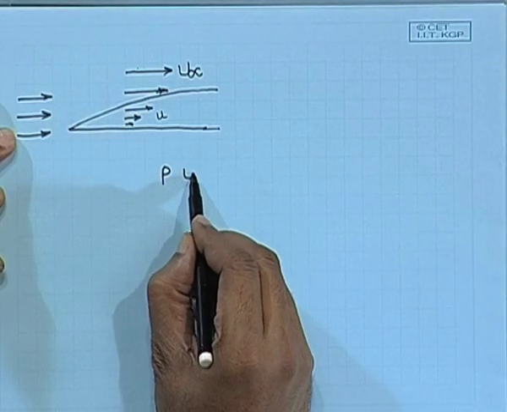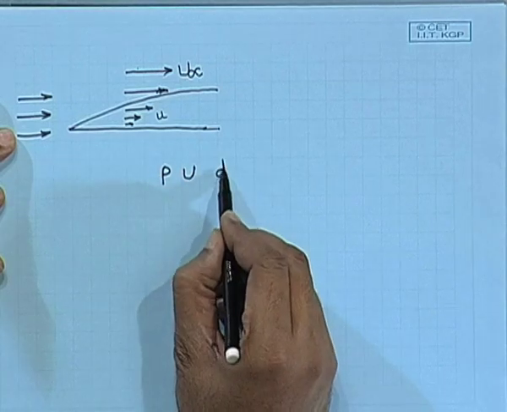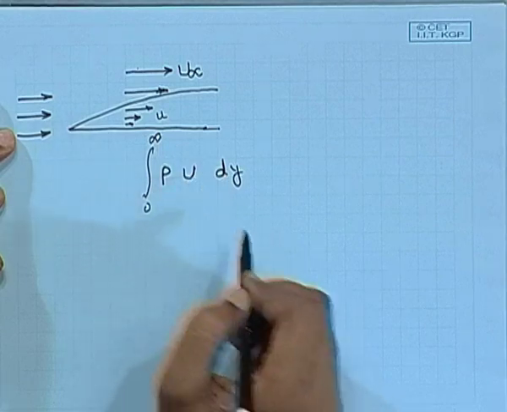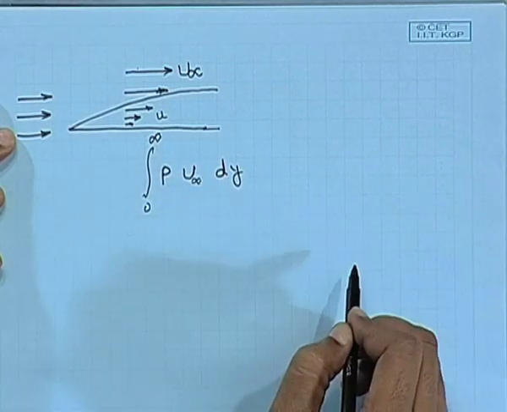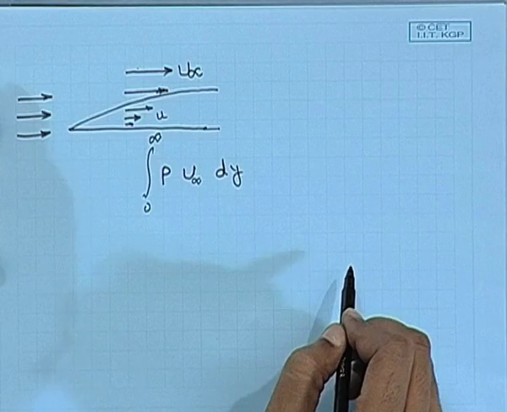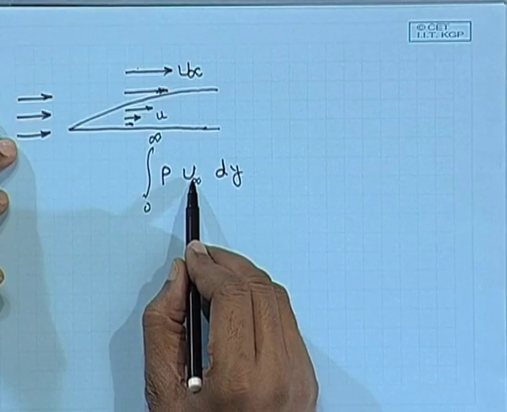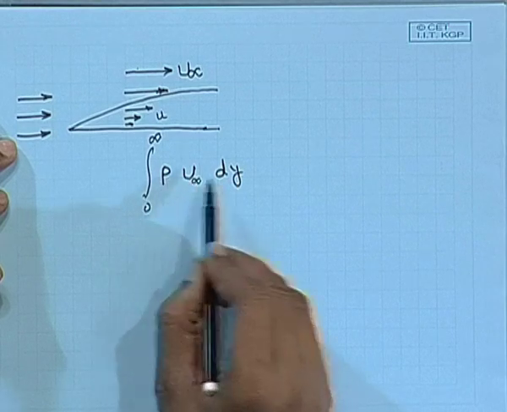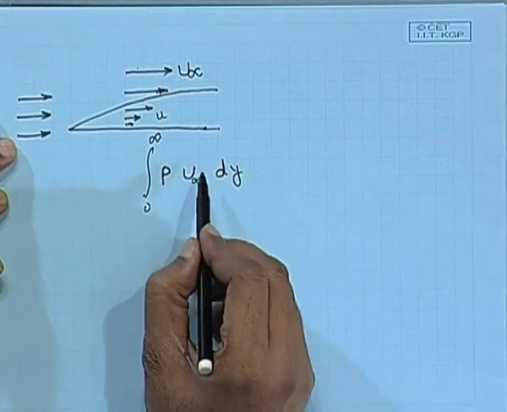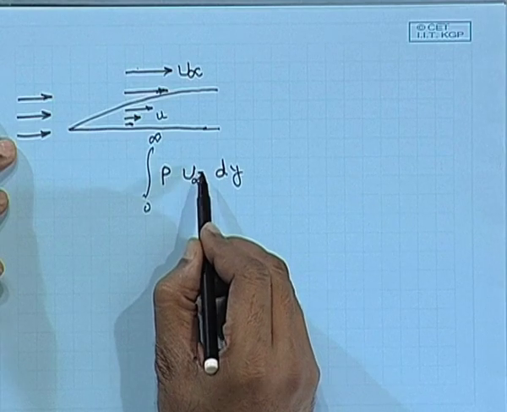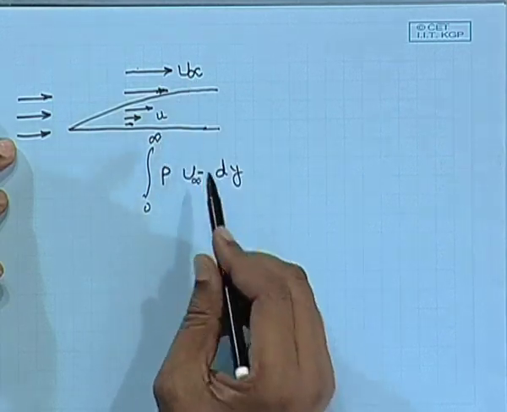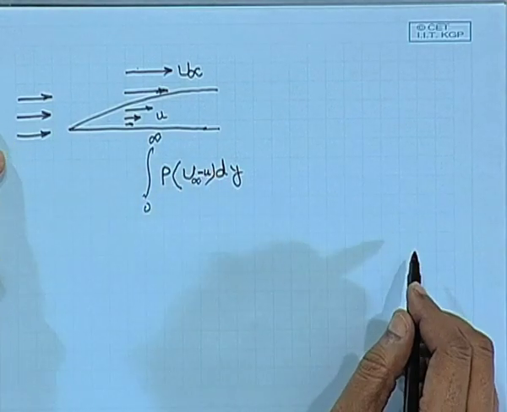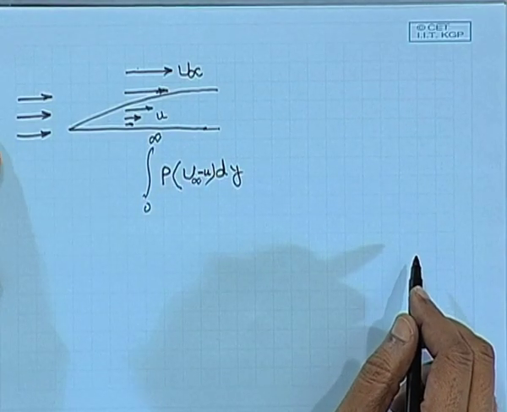What is the mass flow rate? Rho times capital U times dy from 0 to infinity. This U is basically U infinity, that is the mass flow rate. Since U infinity is not a function of y, I can simply integrate it. But because the velocity is no longer U infinity, rather u, this would be the reduction in mass flow rate inside the boundary layer.